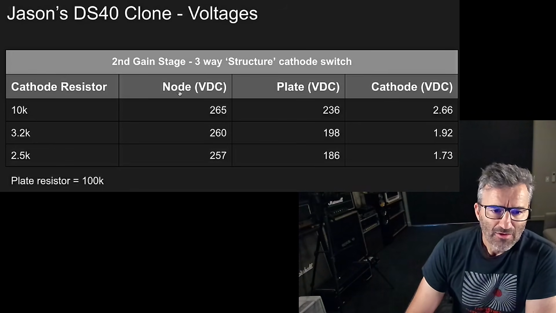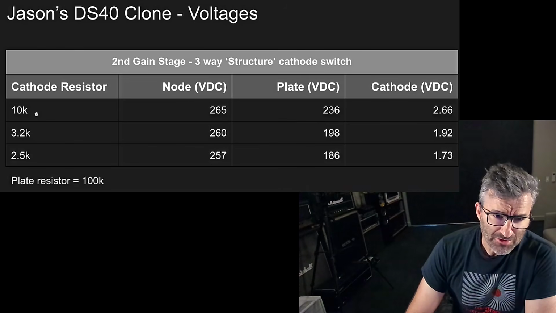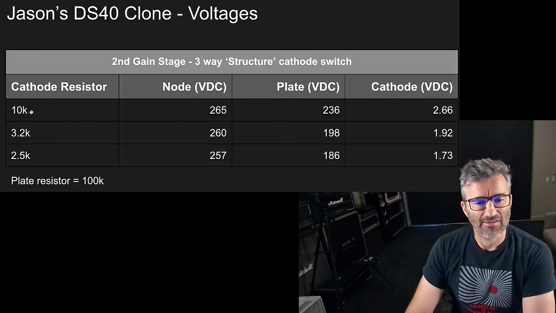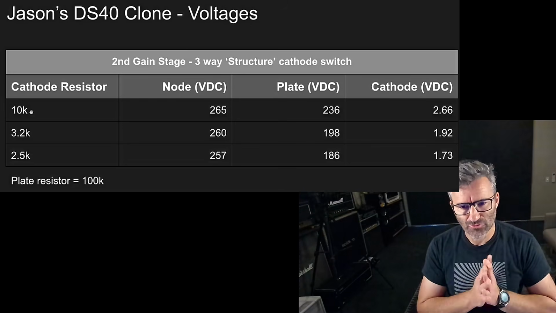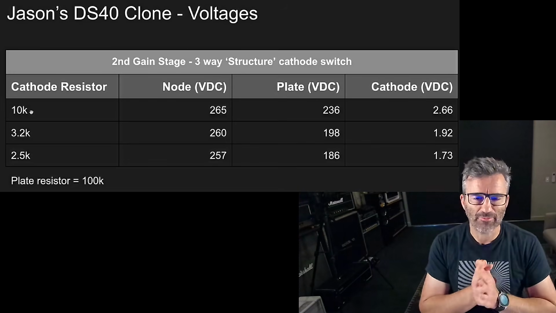I've got a 3-way structure switch in this amp, and in the lowest gain structure, it's a 10K cathode. This is your classic Marshall JCM 800 2203 2204 cold clipper.